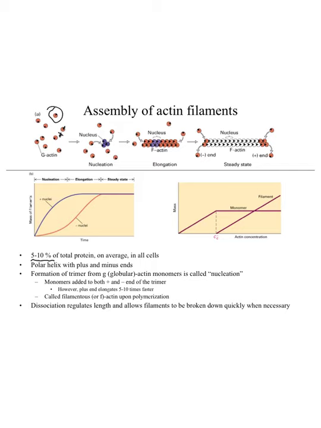Now, globular actin doesn't do much of anything. We need to assemble it into a filament, into a polymer, for it to have any structure and for it to be able to perform its role in anchoring proteins and all those other things.